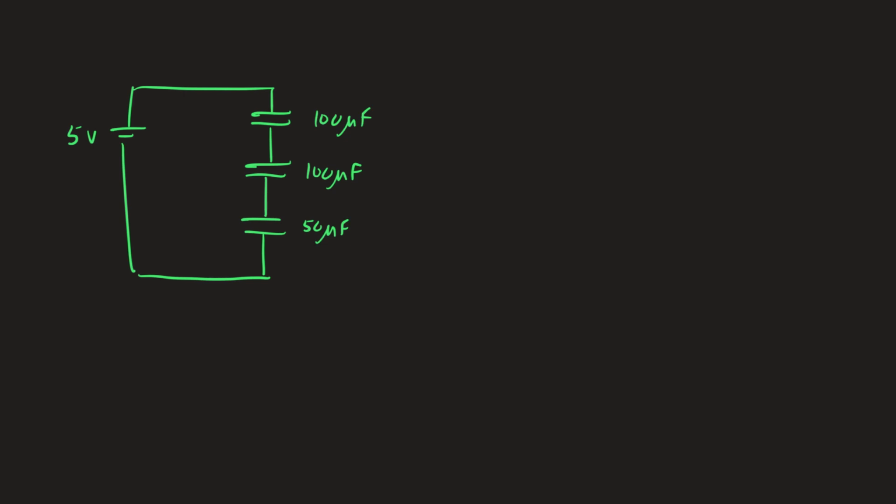Okay, step 1, reduce your circuit to a single capacitance. I have 3 capacitors in series, so I don't think I have to explain this to you, that this is just going to be 1 over 100 plus 1 over 100 plus 1 over 50. Do you guys see that that would just be an additional capacitor and we would just continue the same way? They're all going to have the same charge.